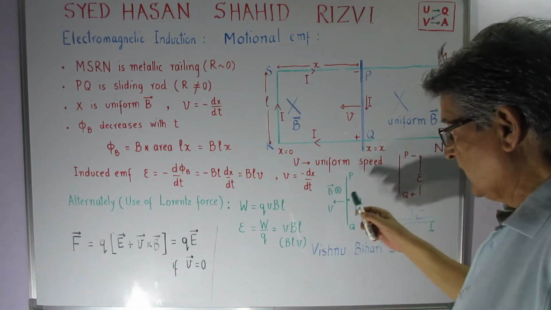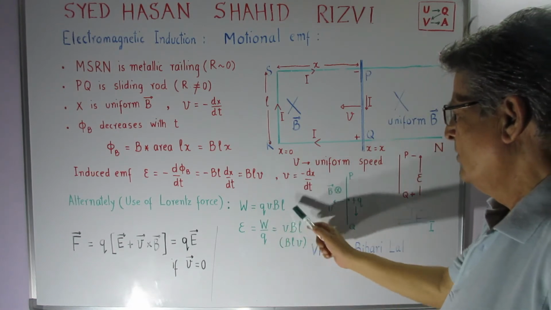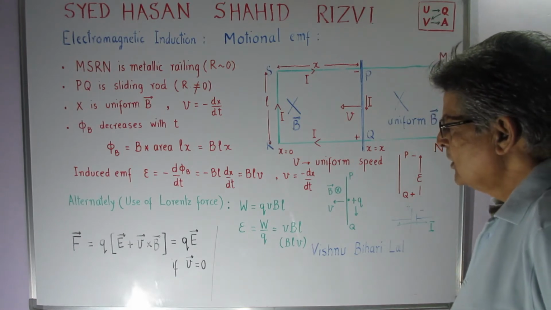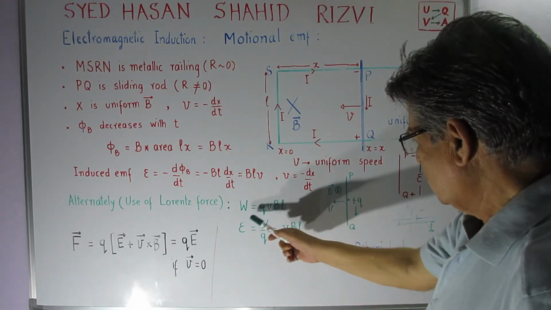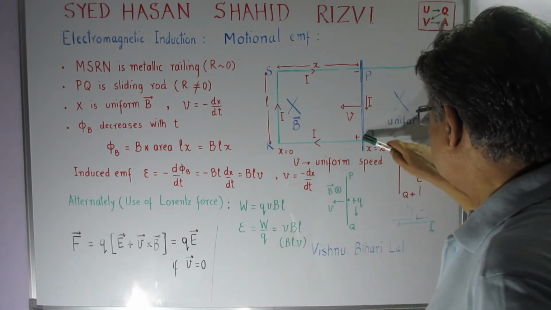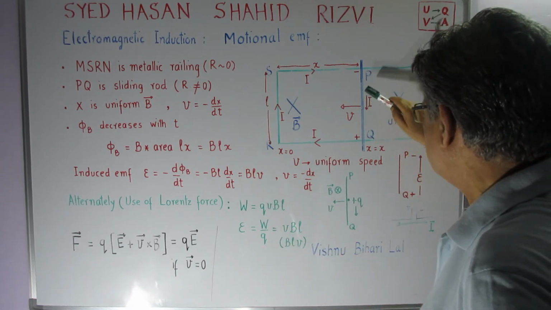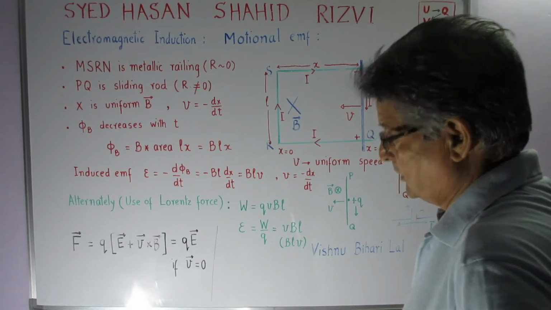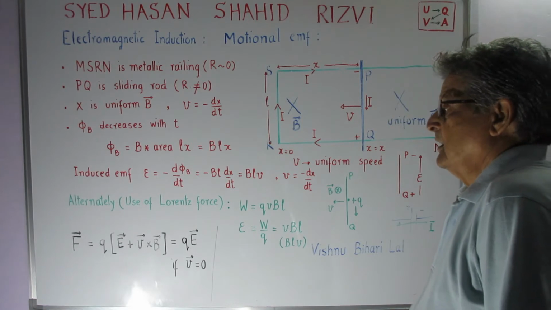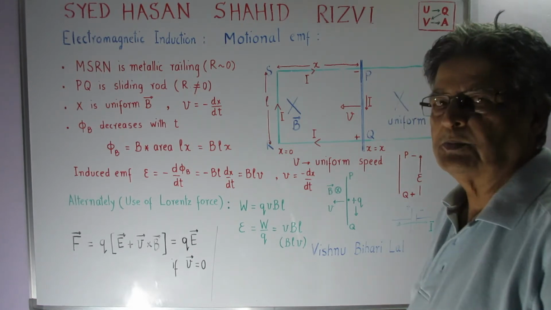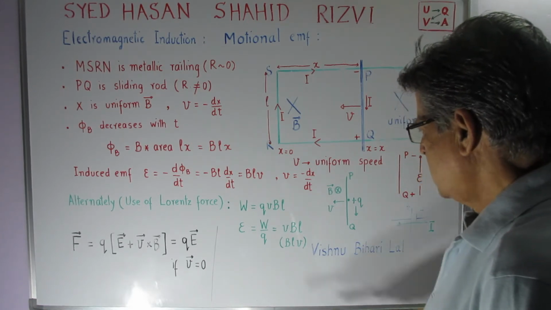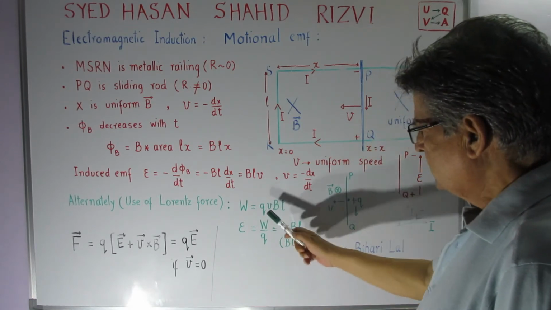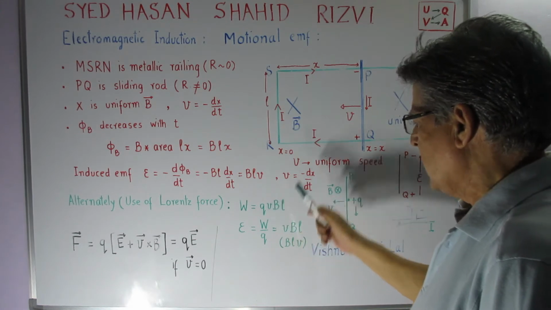I am going to discuss that direction also. But right now, let's get rid of this mathematics part, which is easy. So the work done on charge Q, where it is here, here, here, this is a positive charge. And you know that historically, current is the flow of positive charges. So this becomes equal to QVBL.